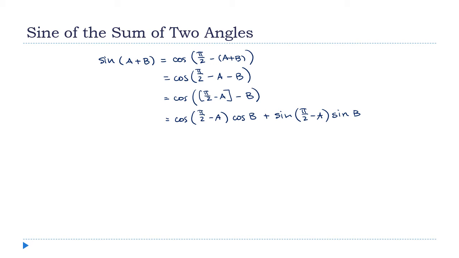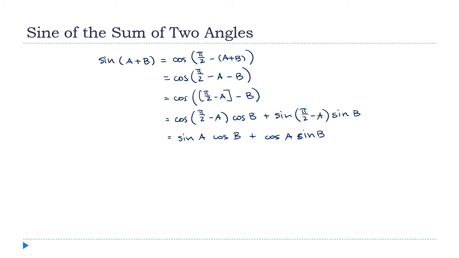The cosine of pi over 2 minus A is the sine of A, still times the cosine of B, plus, and what happens here? The sine of pi over 2 minus A is the cosine of A, still times the sine of B. And there's my formula.